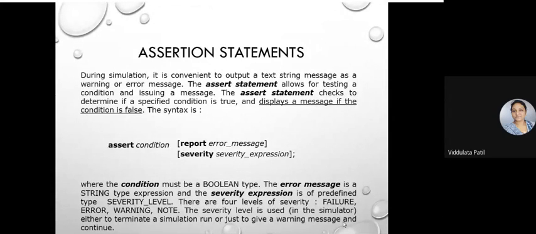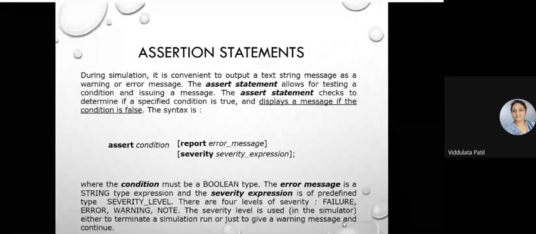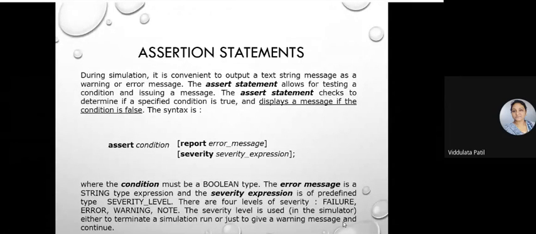If you have seen in the C language also, whenever you get an error or a warning, a message comes on your screen. That gives us the idea that there is an error and we need to correct it.